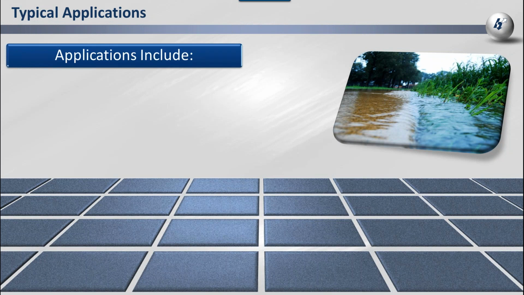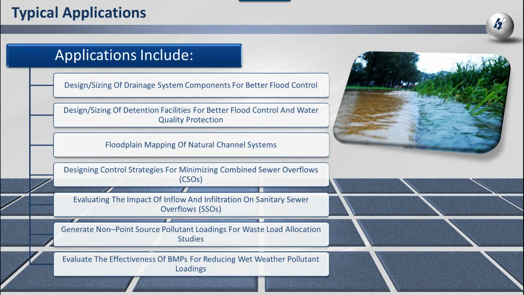Now, typical applications will include the design and sizing of drainage system components for better flood control, the design and sizing of detention facilities for better flood control and water quality, floodplain mapping, design and control strategies for minimizing combined sewer overflows, or CSOs, evaluating the impact of inflow and infiltration on sanitary sewer overflows, or SSOs, generate non-point source pollutant loadings for waste load allocation studies.